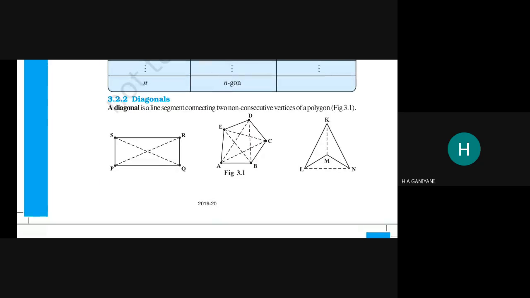Please remember this because I ask for definitions in the 1 mark short questions: the definition of quadrilateral, diagonal, hypotenuse, parallelogram, square, rectangle, rhombus, kite, trapezium, etc. So please remember all of this.